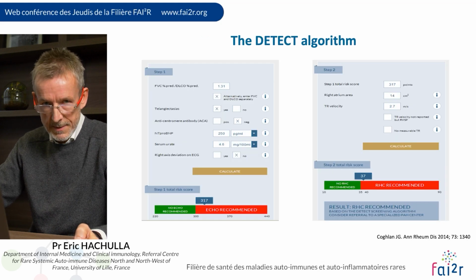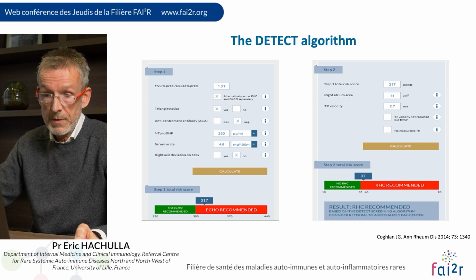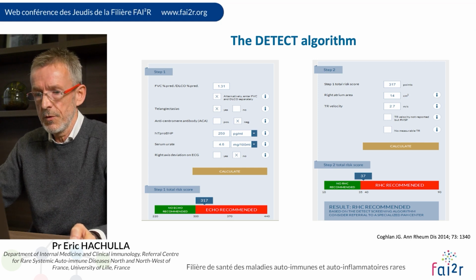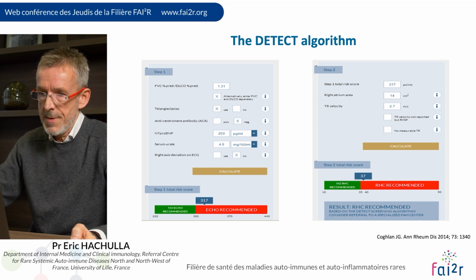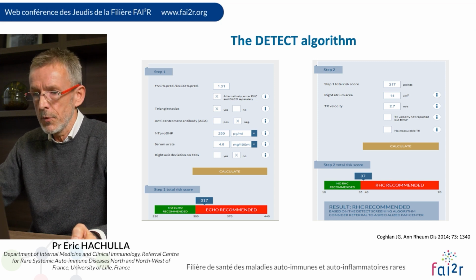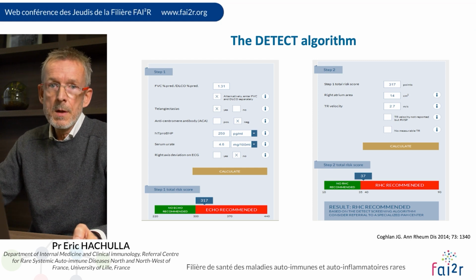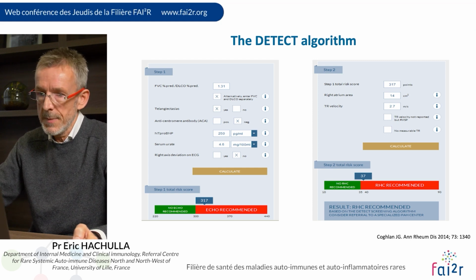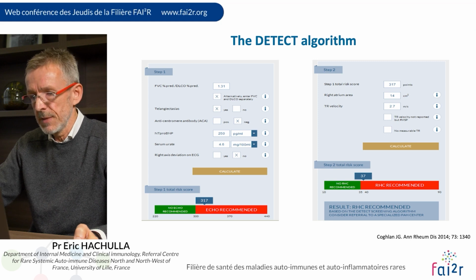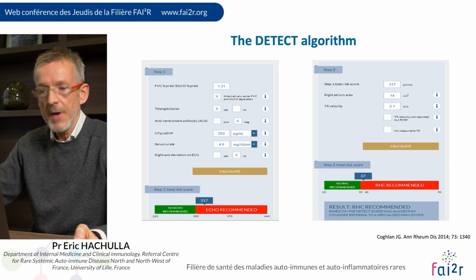How can we detect this patient at risk, this patient having pulmonary hypertension based on the new definition? We have the DETECT algorithm. You know that the DETECT algorithm was performed in a population with 3 years and more evolution of scleroderma, with a DLCO less than 60%, and with the old definition of pulmonary hypertension, meaning mean PAP 25.